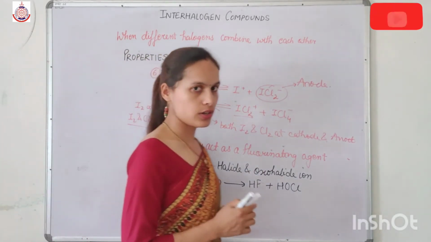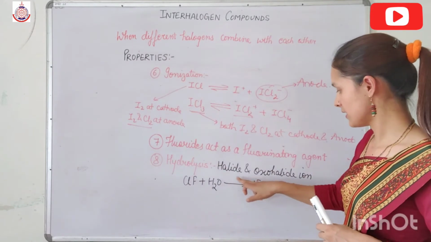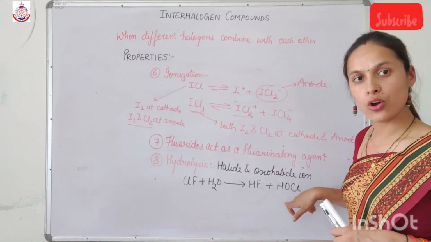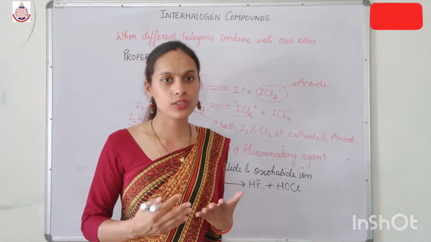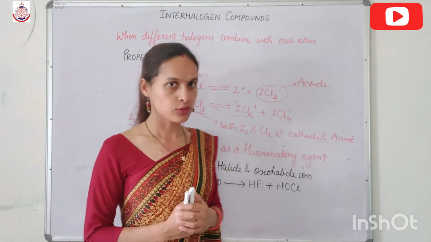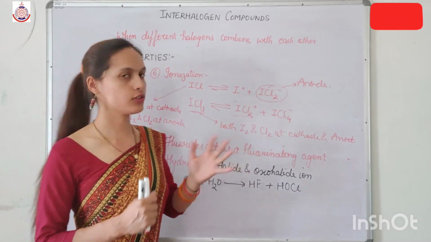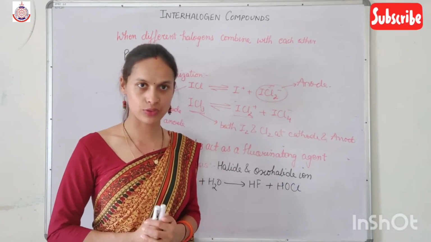So by hydrolysis we get halide, and the oxohalide is formed by the halogen having the bigger size. So these are the different properties of the interhalogen compounds.